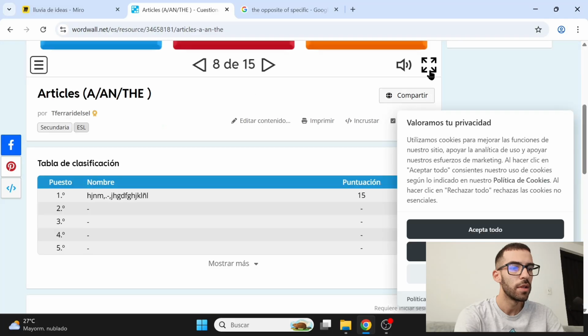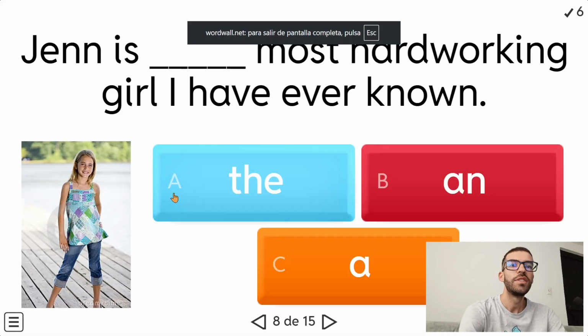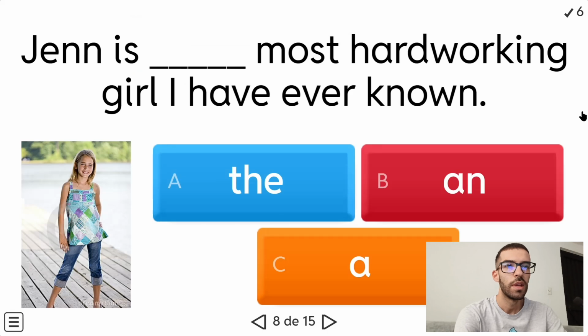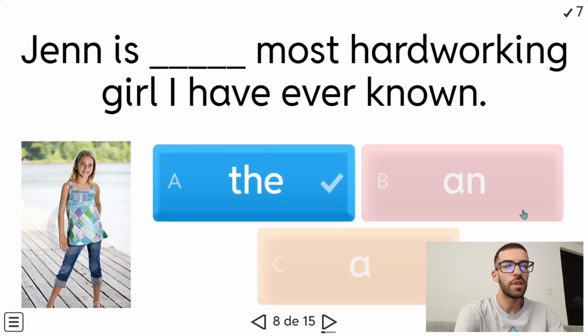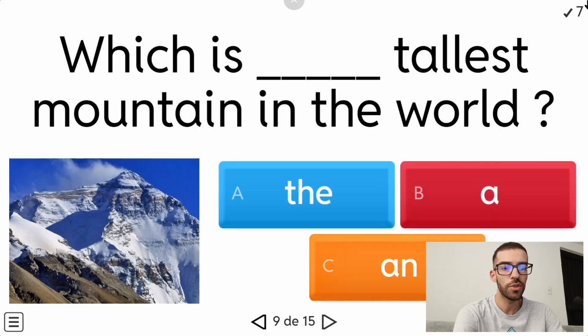Jen is gap most hardworking girl I have ever known. In this case, since we're saying her name, it's specific. We're talking about her, and we state her name. So the most hardworking girl. It cannot be a hardworking lady, because we're seeing her name here.